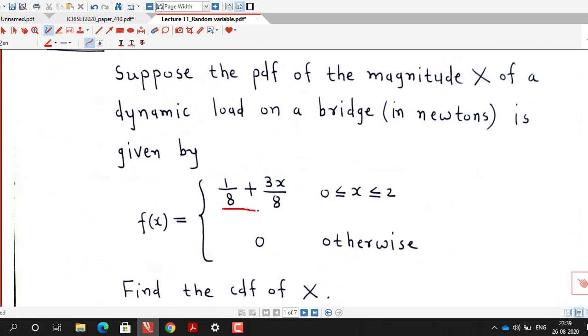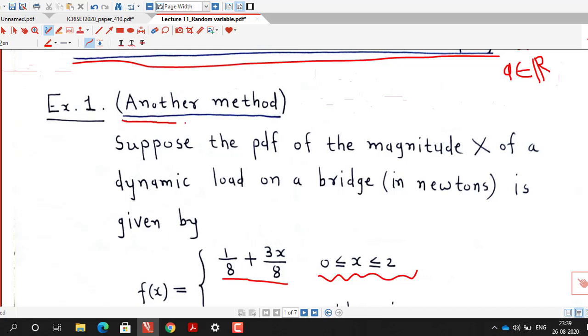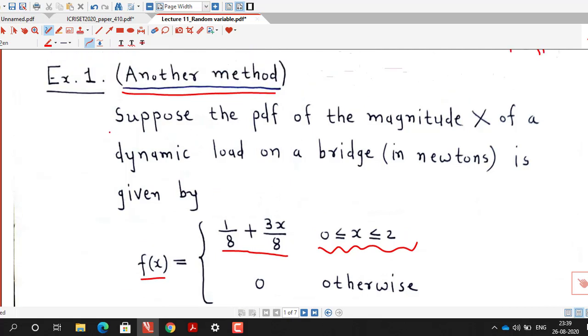Here the function is 1 by 8 plus 3x by 8 between 0 and 2, otherwise it is 0. So the function is linear, and we can use this method to find the cumulative distribution function for the given probability density function. This is the same problem which we did in lecture number 10, and here we are going to do it using another method.